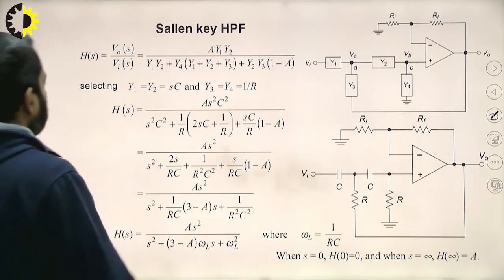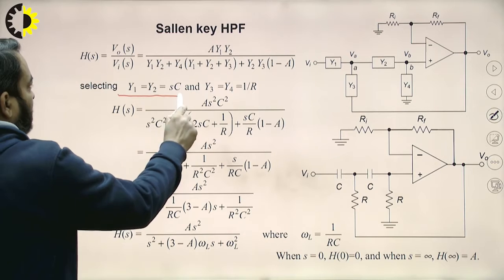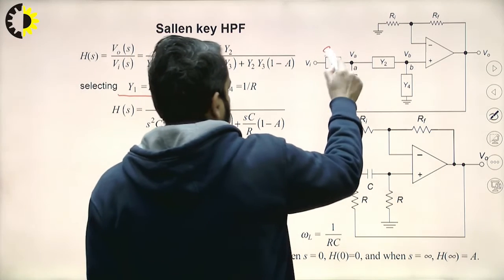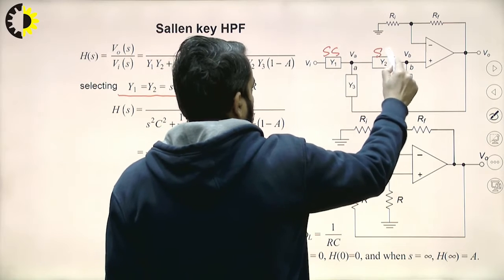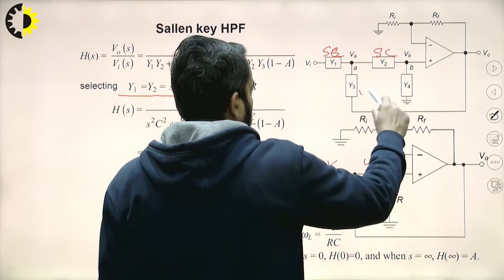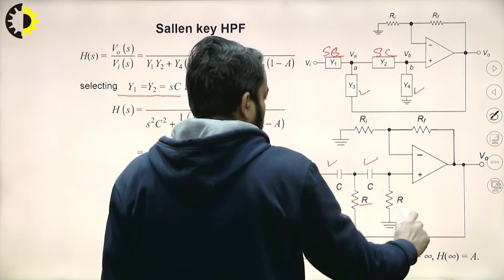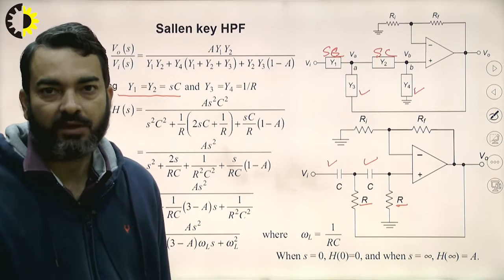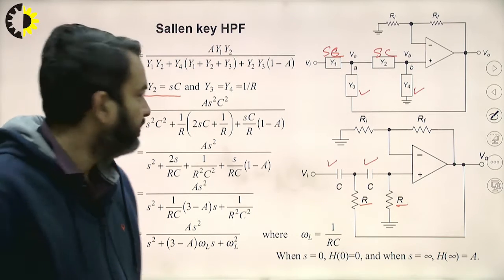Here we have selected these two components as capacitive and these two components as resistive. So we get the high pass variant.